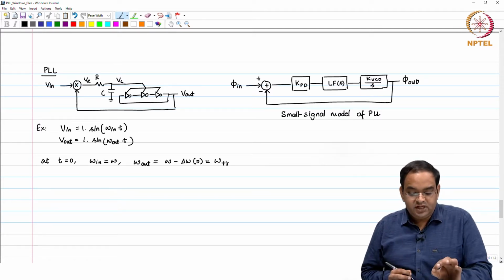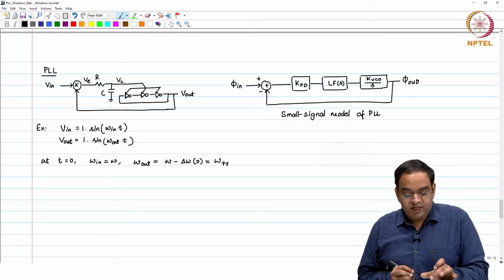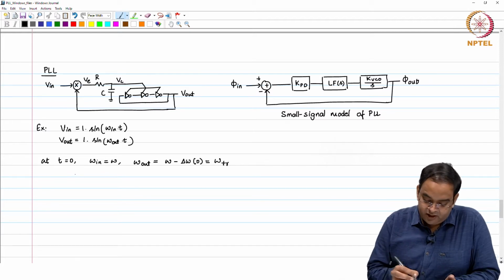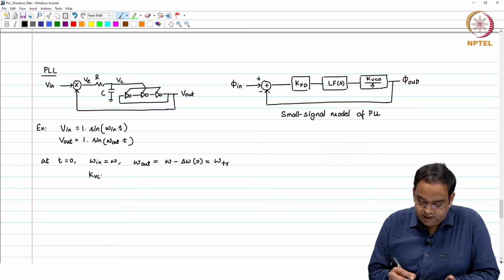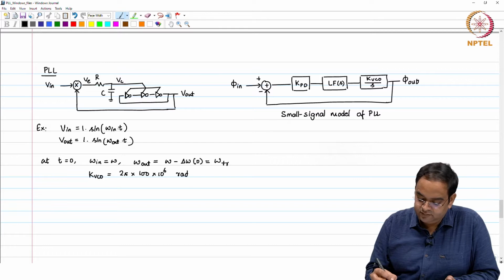So, as you see, at time instant t equal to 0, the input and output are not frequency matched. The K VCO here is equal to 2 pi times 100 into 10 power 6 radians per second. Normally, it can also be written as 2 pi into 100 mega radians per second.